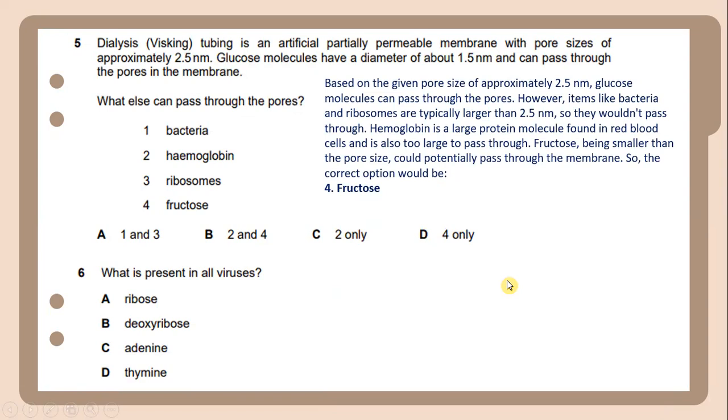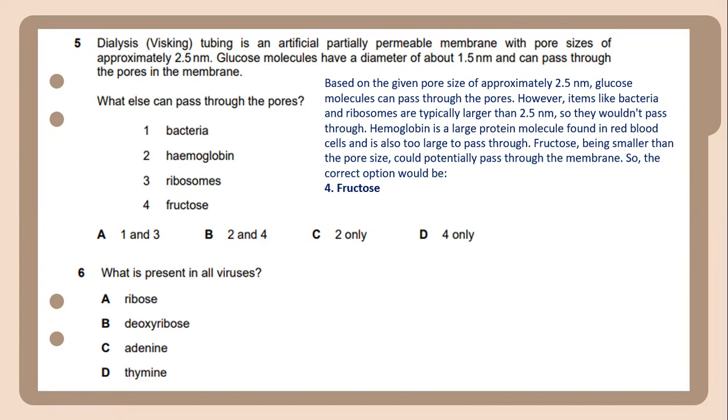Based on the given pore size of approximately 2.5 nanometers, glucose molecules can pass through the pores. However, bacteria and ribosomes are typically larger than 2.5 nanometers, so they couldn't pass through. Hemoglobin is a large protein molecule found in red blood cells and is also too large to pass through. Fructose, being smaller than the pore size, could potentially pass through the membrane. So the correct option would be fructose, which is 4 only.